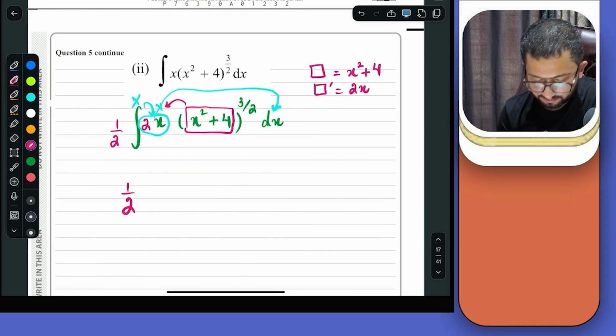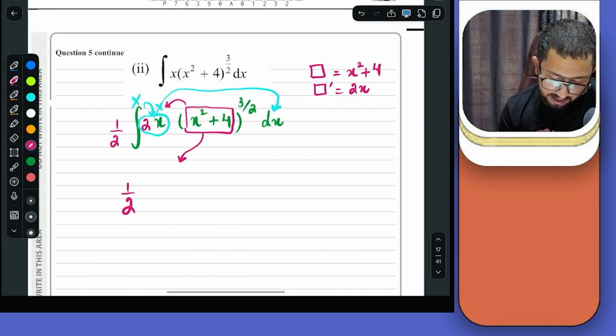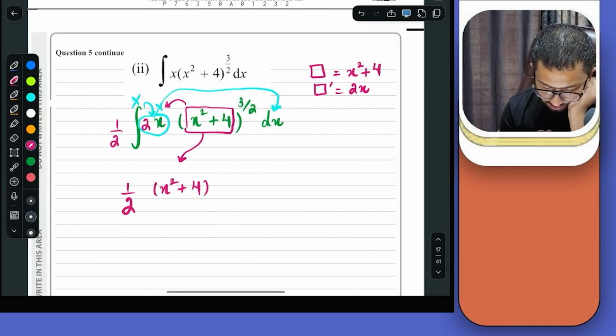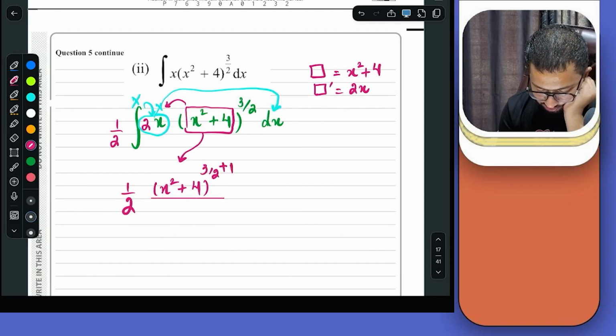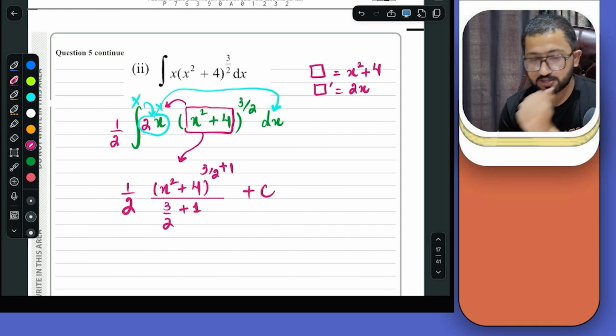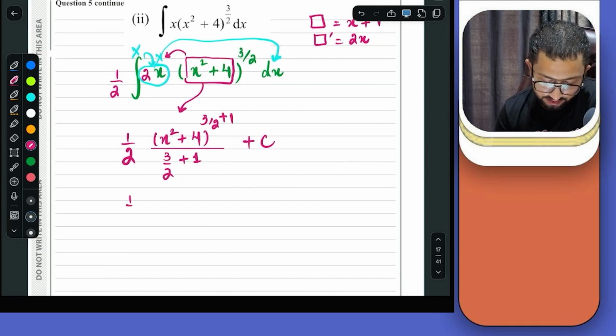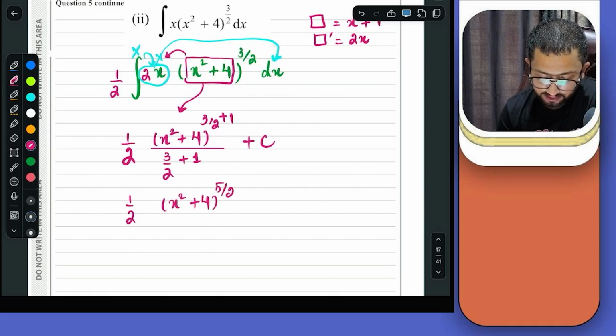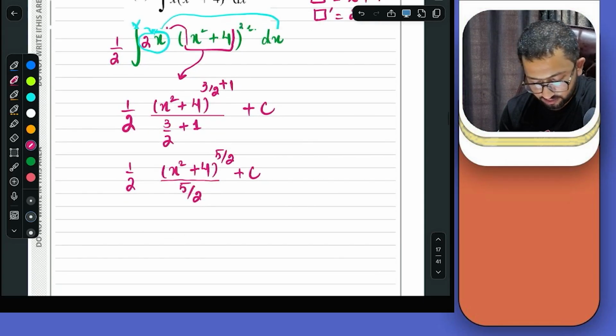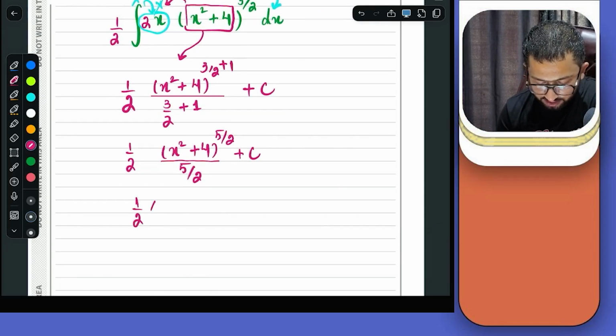What will be the remaining term? 1 over 2. Let's apply the power rule. How to apply the power rule in integration? Add 1 to the power, and put plus c. It will become 5 over 2, and the denominator will also become 5 over 2. So let's shift the denominator into the numerator.